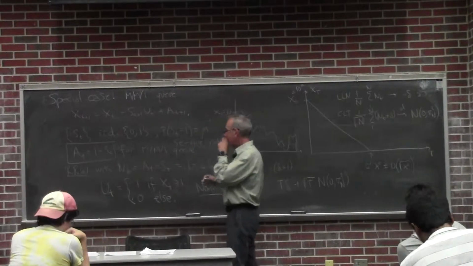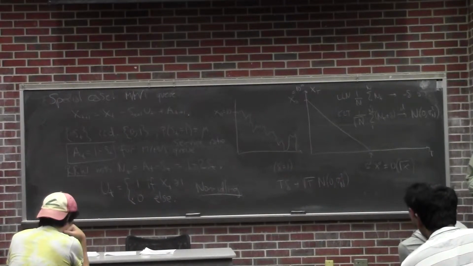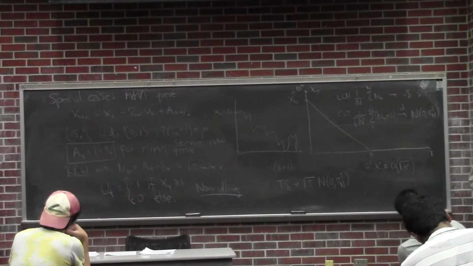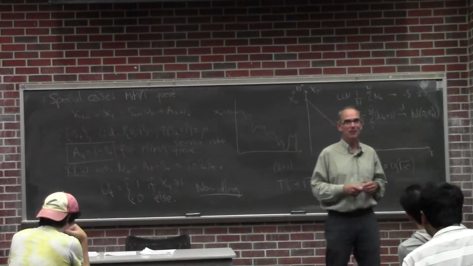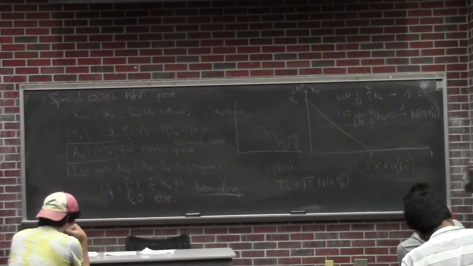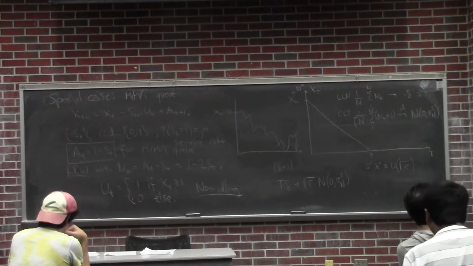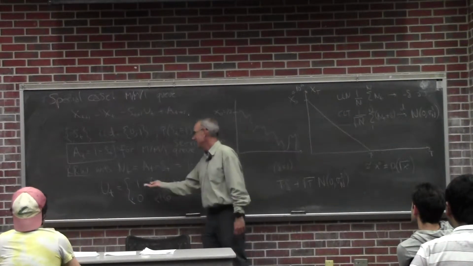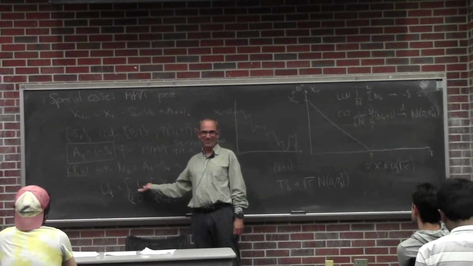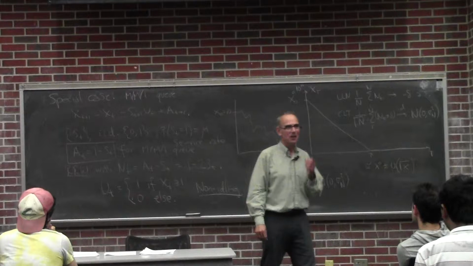And this might be the outcome of some optimization procedure. Maybe you've got a server who's working in that queue. Maybe it can't work all the time. Maybe it has to walk over to another queue and work on that. There might be a lot of these queues in tandem, and there's a choice on where do I send this server to do the job. But here if we're just doing a single queue, almost under any optimization criterion, this will be the best thing to do. Just keep working.